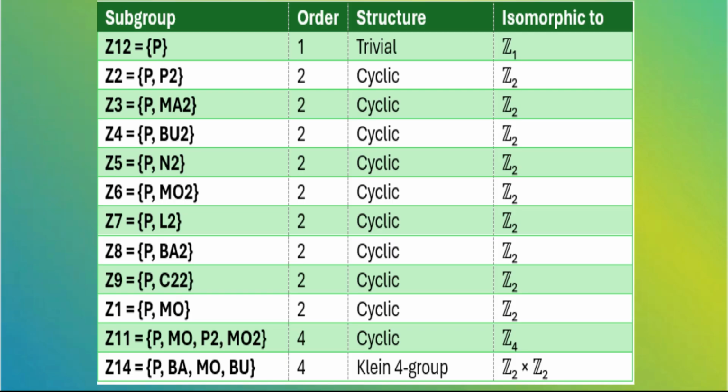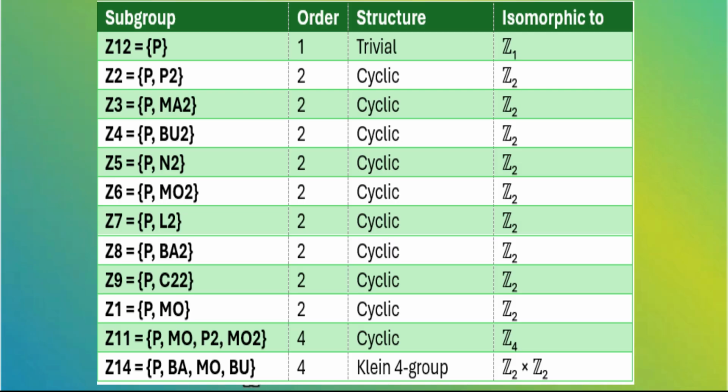And then for our first subgroup that has four elements, which is P, then MO, then P2, and MO2, this is a cyclic subgroup. So it means it's isomorphic to integers modulo 4 for our Z sub 11.